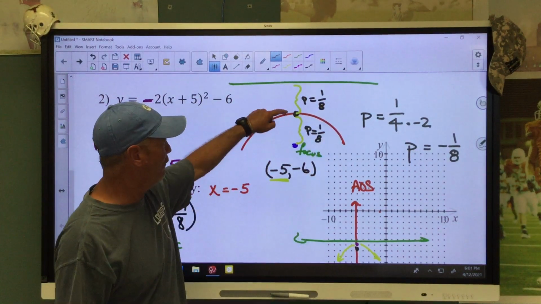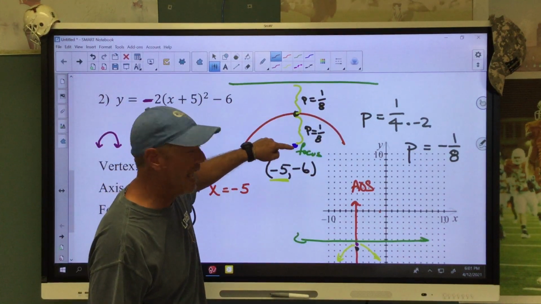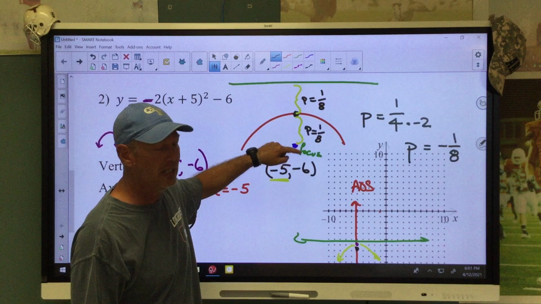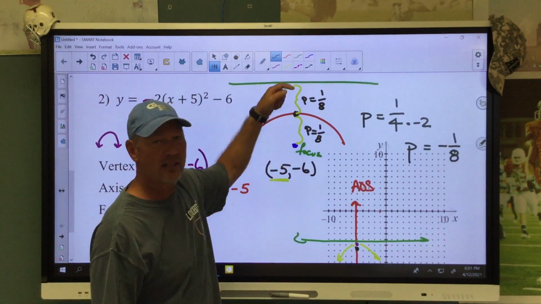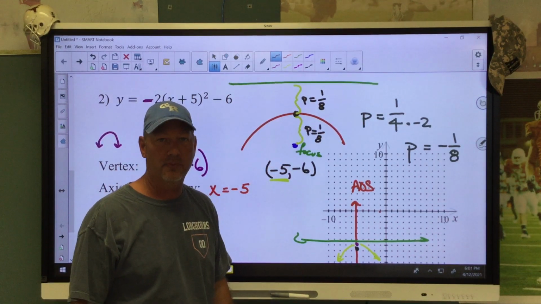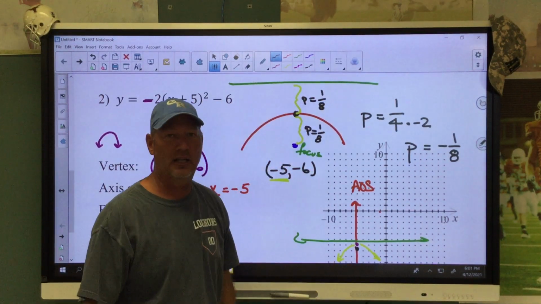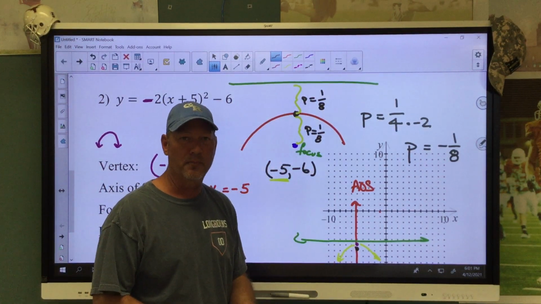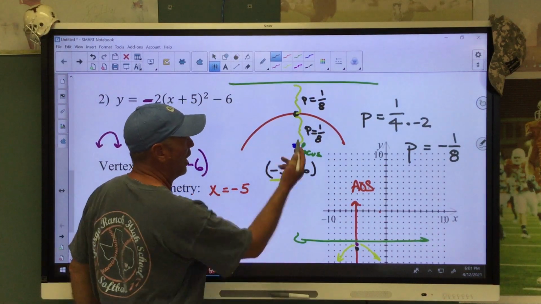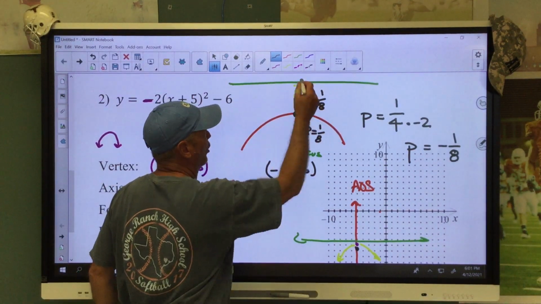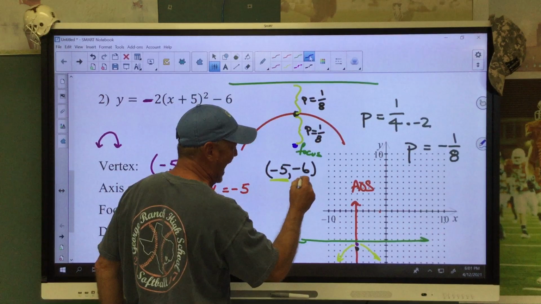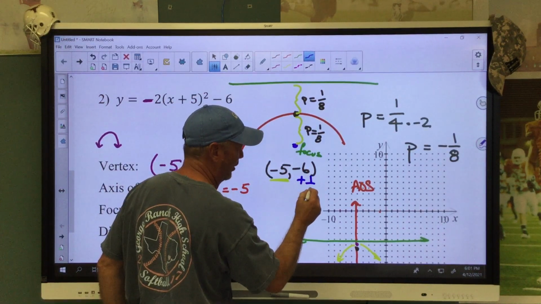So you find your vertex, you went 1/8 to find your focus, you're going to go 1/8 to get to your directrix. Now, we're still going up and down, so that means we change the y value. But since we go up, we're going to add to the number -6.